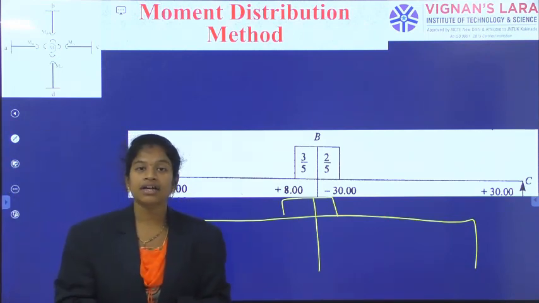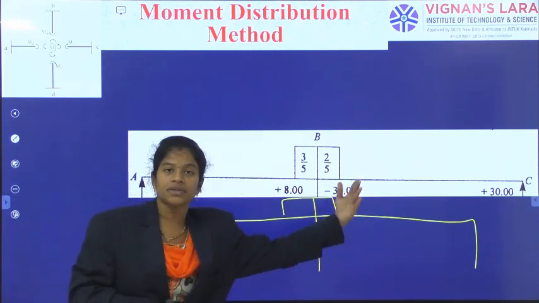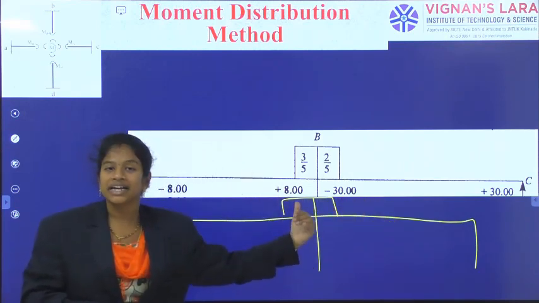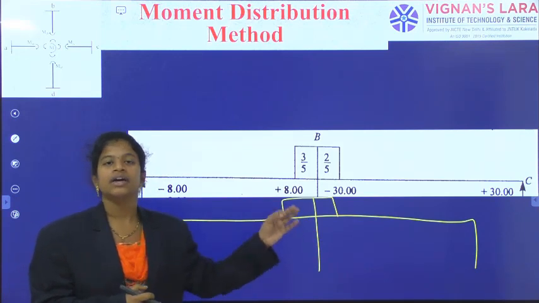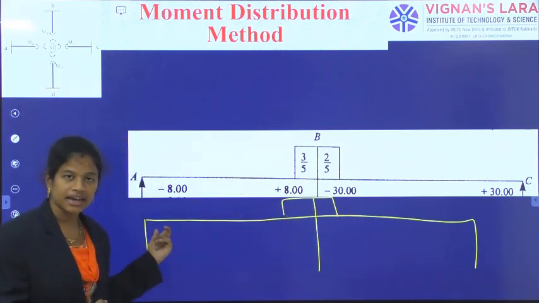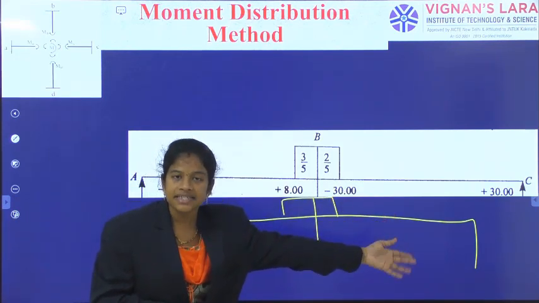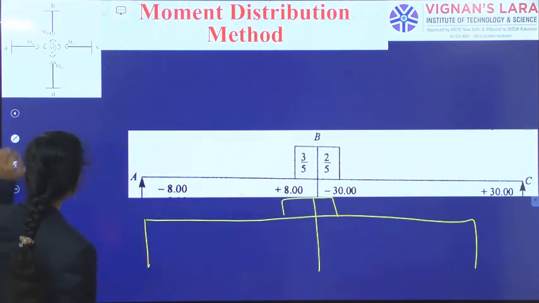Like yesterday we did for the propped cantilever. At the prop there is 0 moment. That's why the corresponding correction, and from the correction some balancing has come, right? So here also the correction moment at A and the correction moment at C need to be applied.